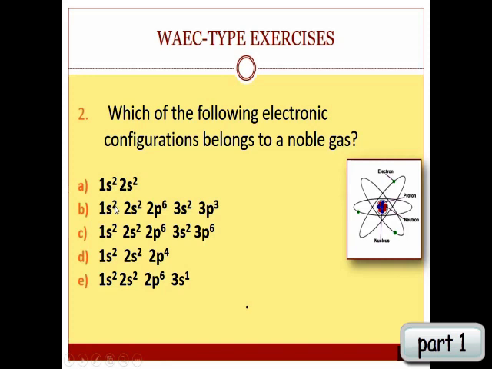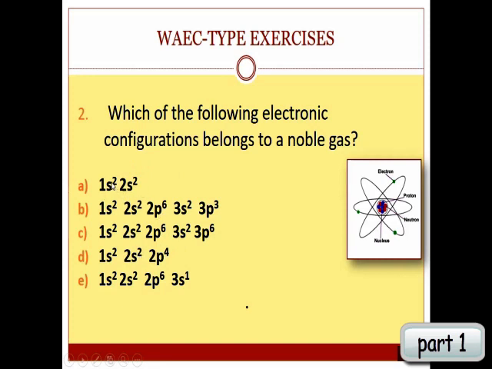Then option B, 2, 2, 6, 2, 3. To solve this quickly, I advise that you convert all of these to KLMN shell notation.